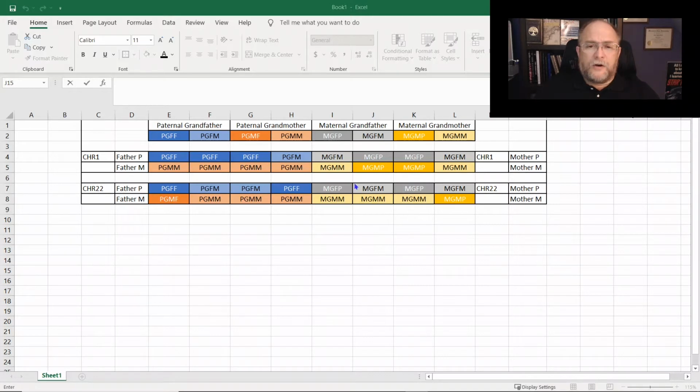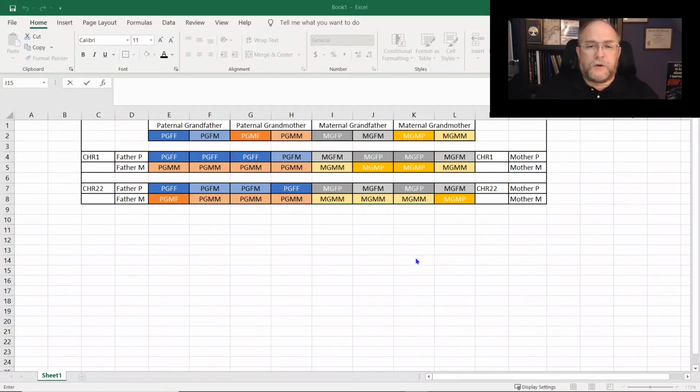And then on her mother's side, she received her grandmother from her mother's side and her grandmother from her mother's side on these segments. And in the middle, she received the DNA from her maternal grandmother's father, or paternal line.